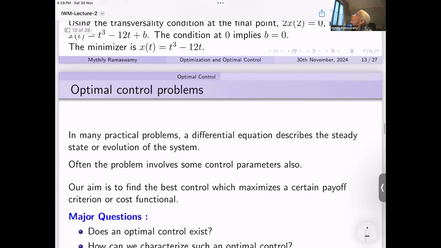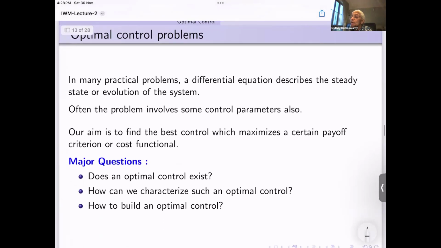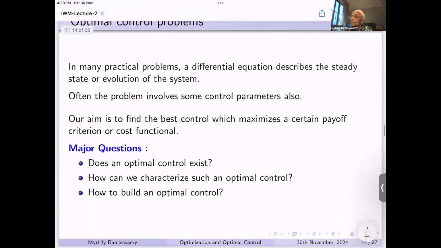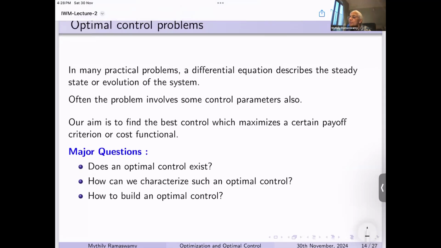Now let me go to optimal control problems. In many practical problems, a differential equation describes a steady state or evolution of the system. Often this problem involves some control parameters also. Our aim is to find the best control which maximizes a certain payoff criterion or cost functional.